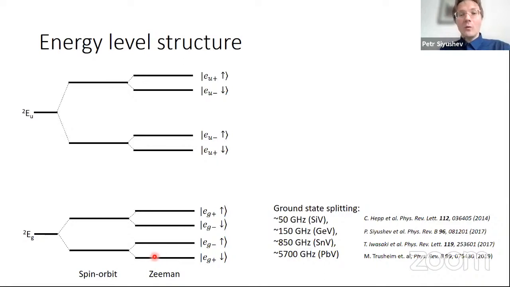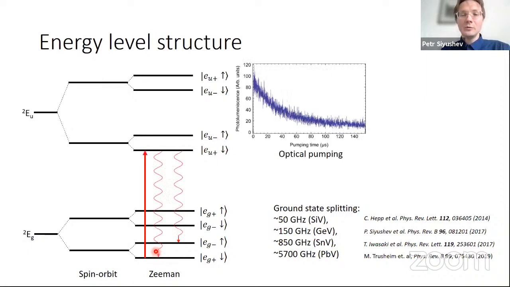I have to say that all transitions are spin conserving, but only if your magnetic field is aligned along the principal axis of the defect. If you have a misalignment, then there is a spin flip. And that's what we can use for optical pumping. If we start with one particular state and excite it, after some time, we will end up in another state, which is reflected on this picture.